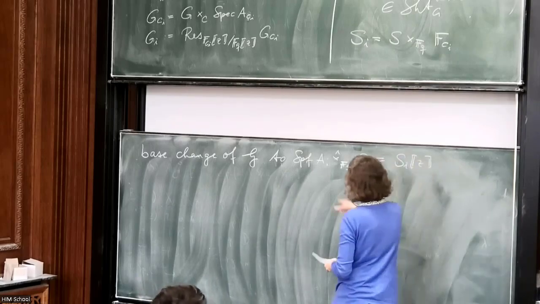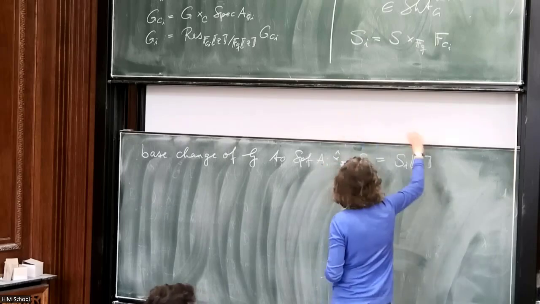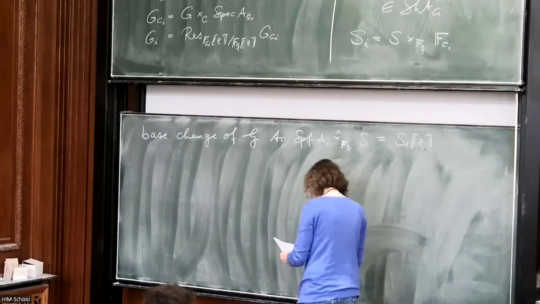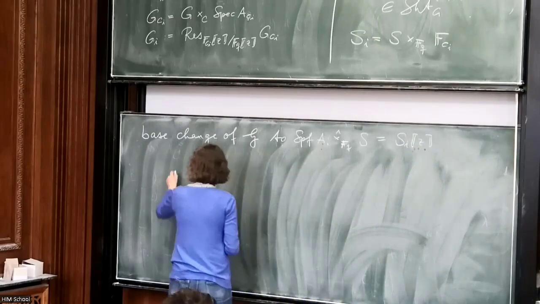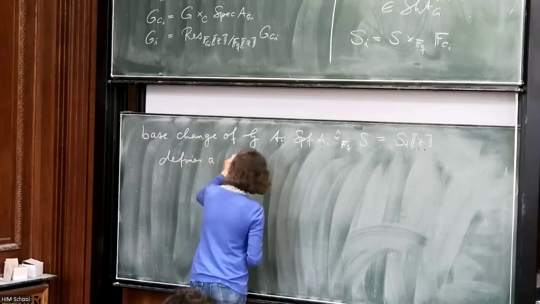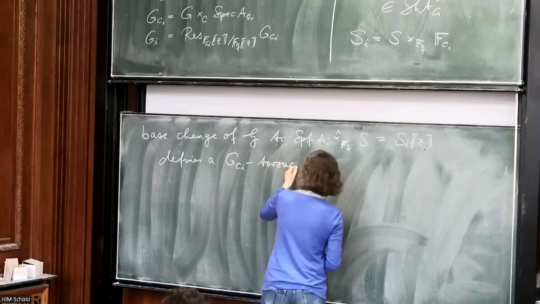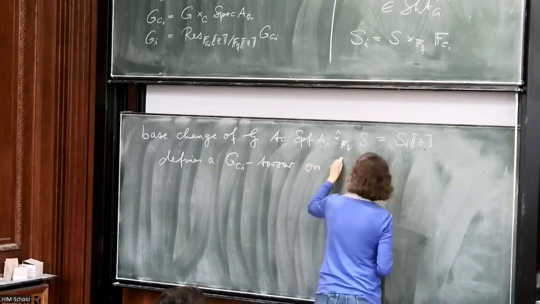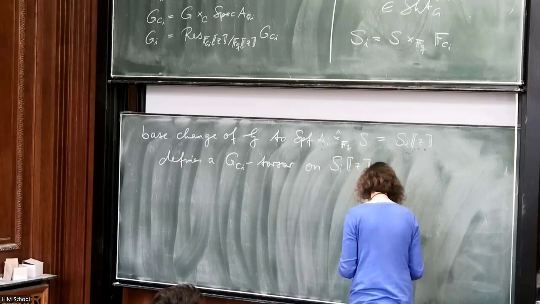I mean, this Spf AI, this is formal power series in one variable over FCI. And so we get this here. So we base change to here, and this defines a GCI torsor on SI of Z.